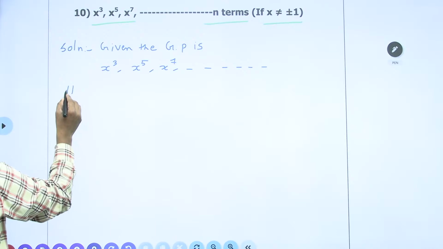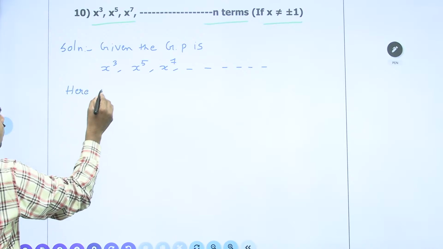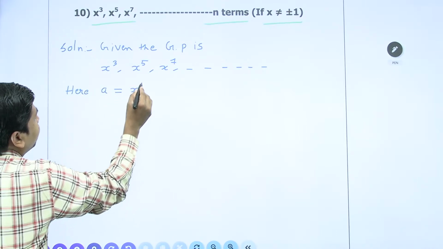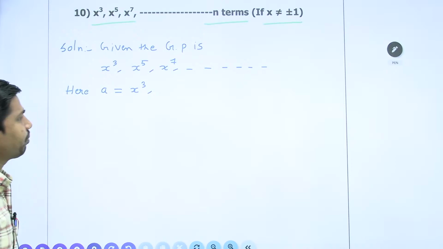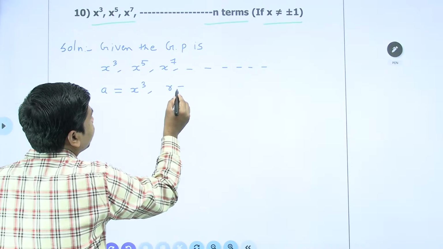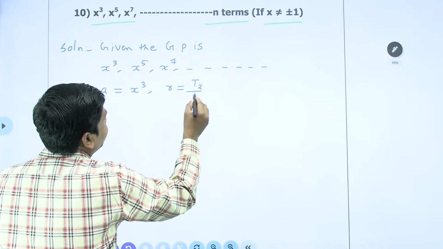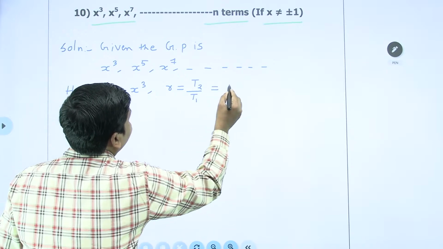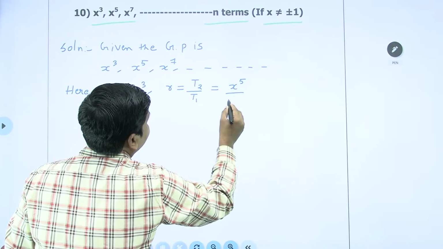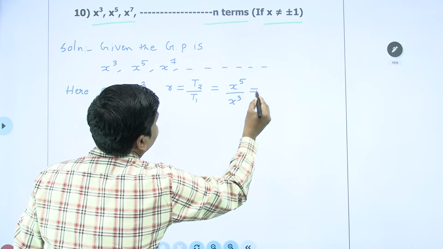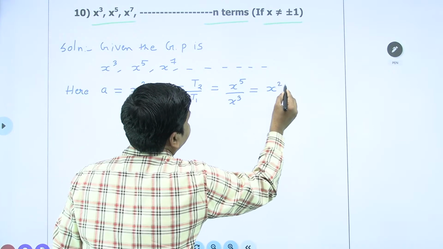Here the value of a is nothing but the first term, that is a is x cube. Common ratio, that is t2 by t1. t2 is x power 5, t1 is x power 3. It is x square, right?